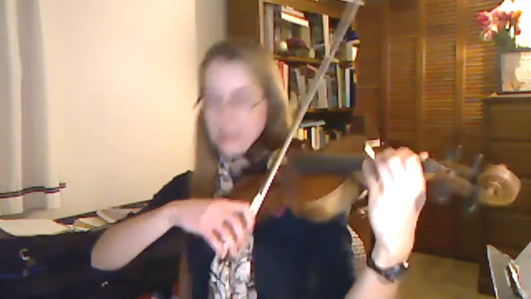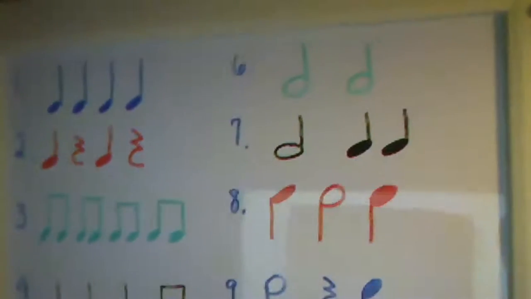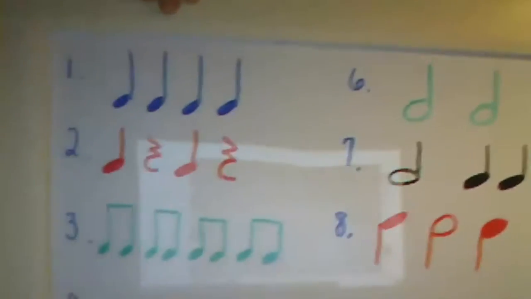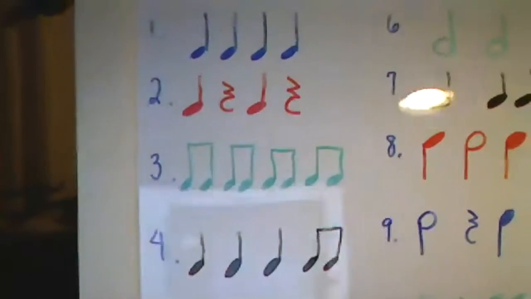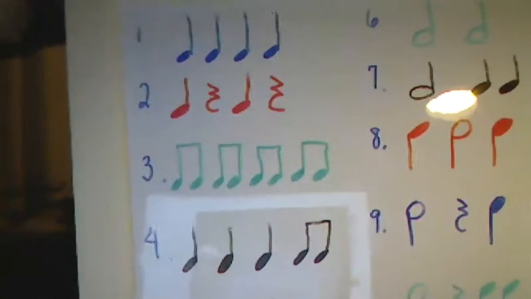The next one would be ta, rest, ta, rest, and so on. Let me put up the board so you can see, and then get your violin and play along. And we'll go right from the end of one to the next one.